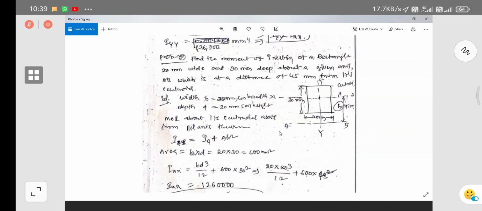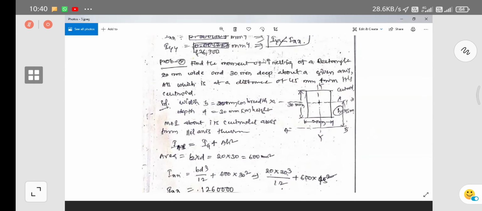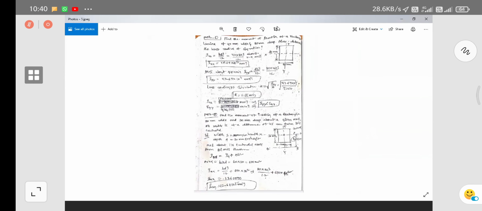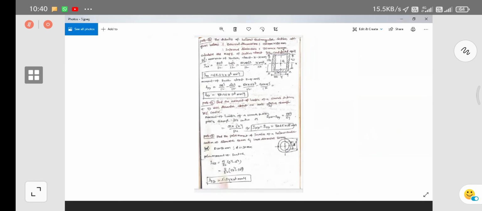Okay, so this is also the same problem. You will do this problem, then we will go for the next problem. Yes, I think we have already seen this problem.